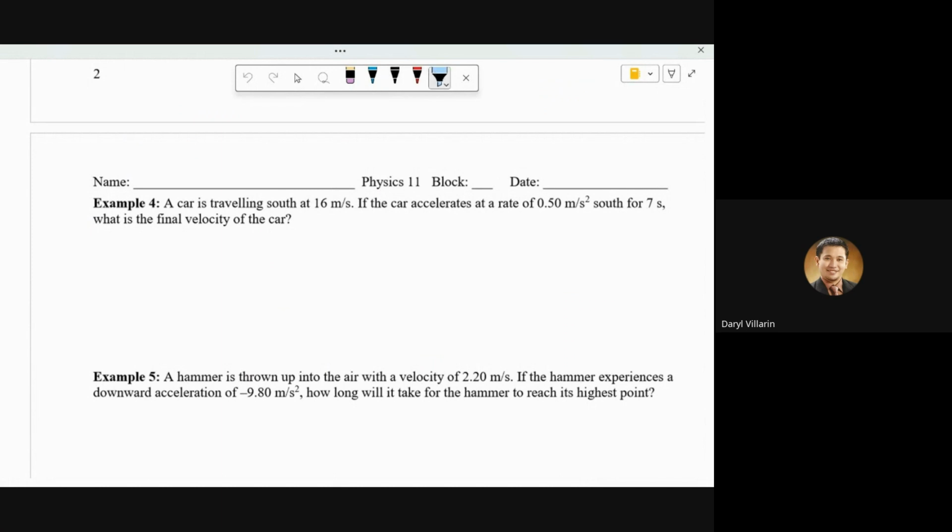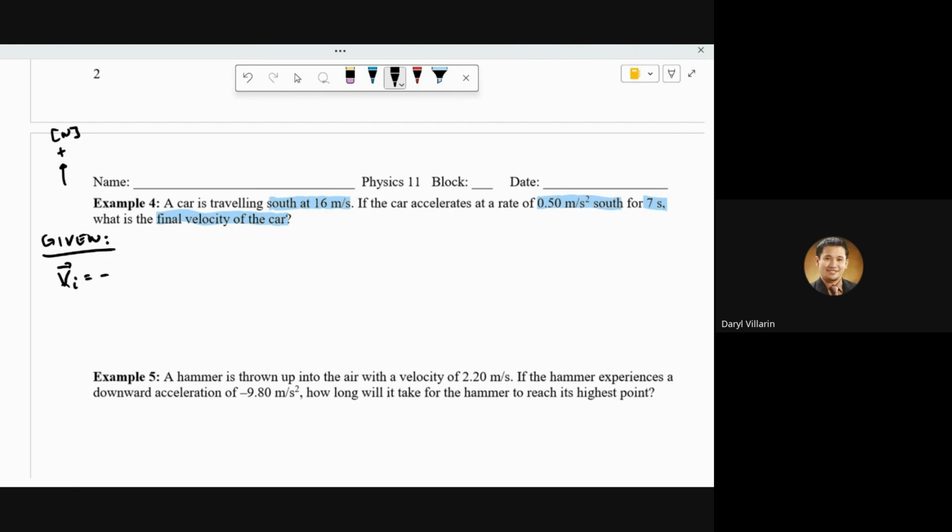So example number 4. A car is traveling south at 16 meters per second. And if the car accelerates at a rate of 0.5 meters per second squared south for 7 seconds, what would be its final velocity? Again, first I will define my positive direction as the north direction. So first I will identify my given quantities. That would be my initial velocity.